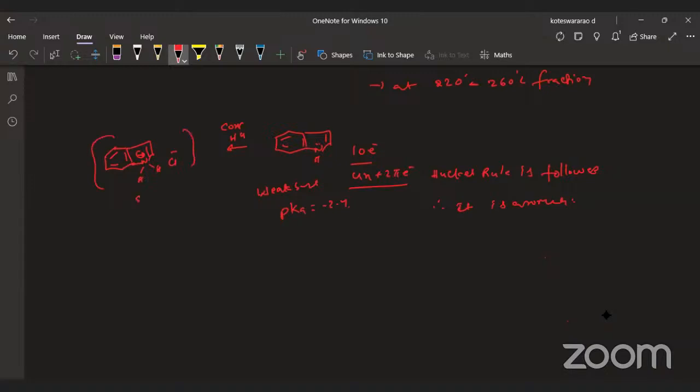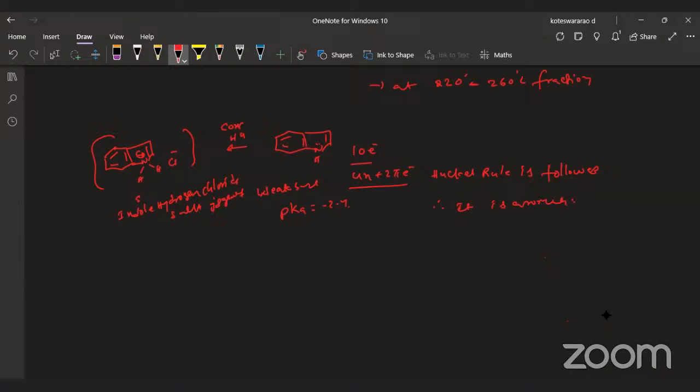That is the indole hydrogen chloride salt. Therefore, it is slightly weakly basic in nature. Due to that reason, it reacts with a strong acid, undergoes protonation, and that leads to the formation of a salt.